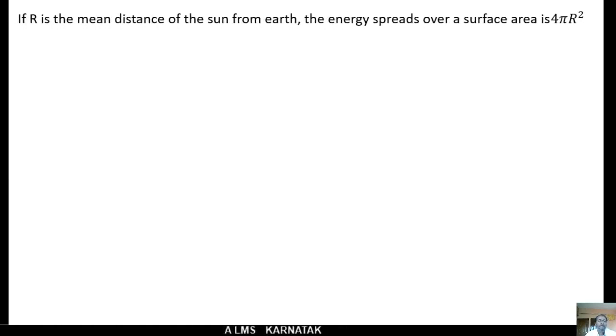Now, if capital R is the mean distance of the sun from the earth, the energy spreads over a surface area of 4 pi R squared.